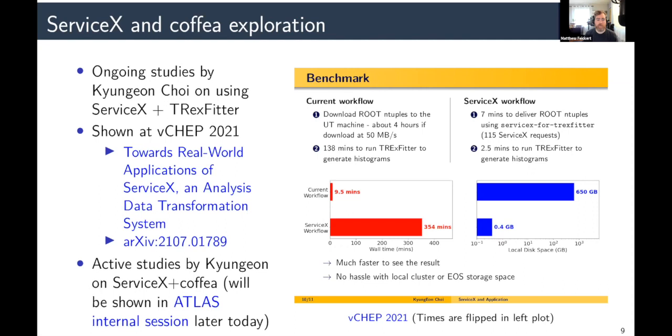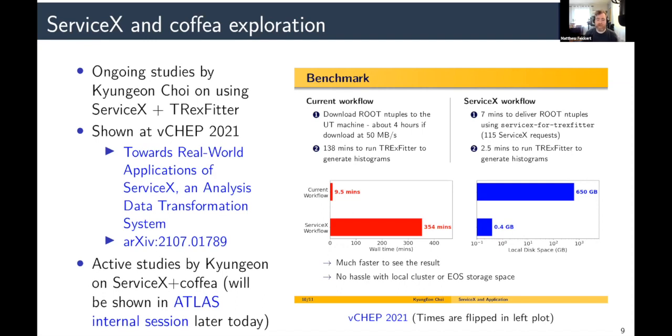So at vCHEP 2021, Kyungeon showed that he was able to use ServiceX plus TRExFitter to great effect for a benchmark analysis. On the right-hand side here, I'm just showing one particular slide from his vCHEP 2021 talk, where on the current workflow that he had set up using just ROOT n-tuples and TRExFitter.